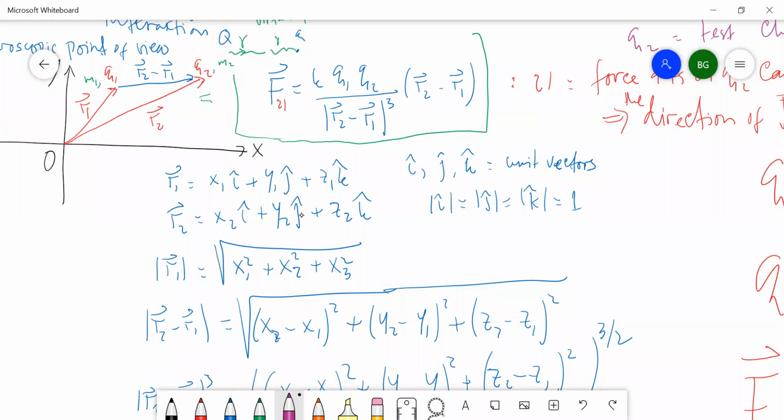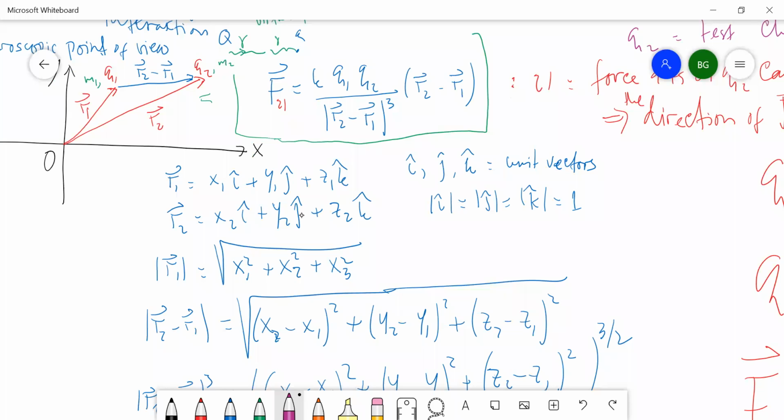R1 and R2 are position vectors. We could express R1 as x1 i hat plus y1 j hat plus z1 k hat.